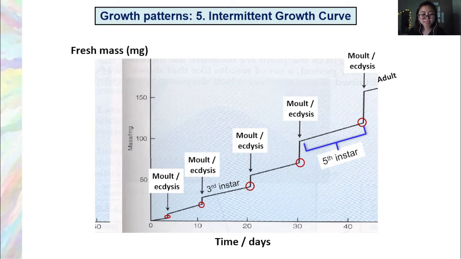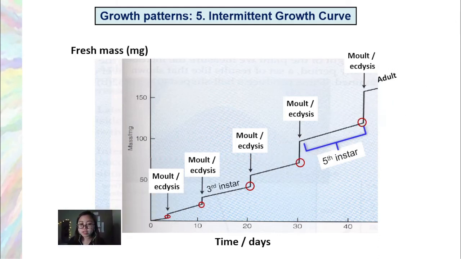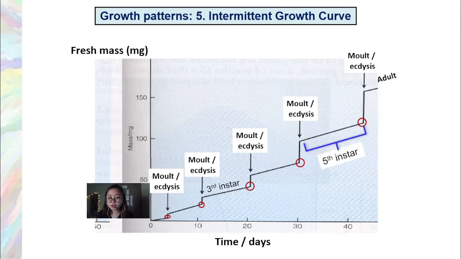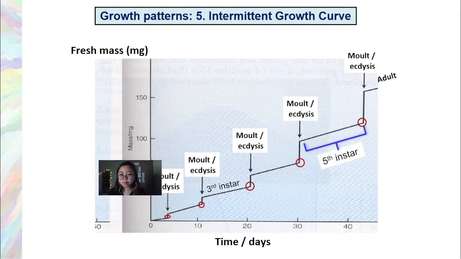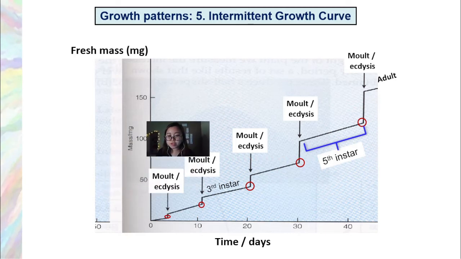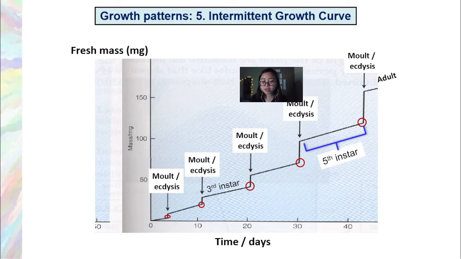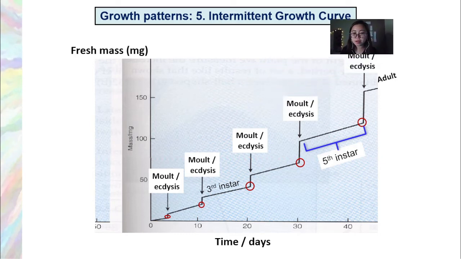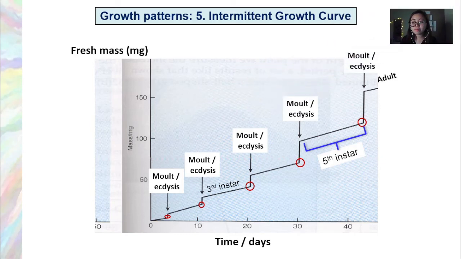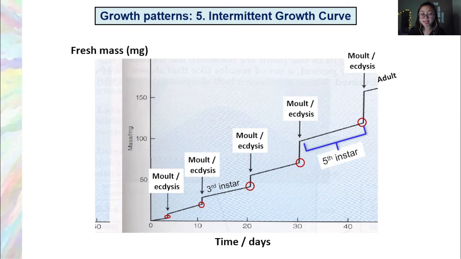The time is still days, but you see here, the line goes up a little bit, it is not flat. So you see, the line goes up a little bit, then straight, up a little bit, straight, up a little bit. So the steps look a little bit gentler.